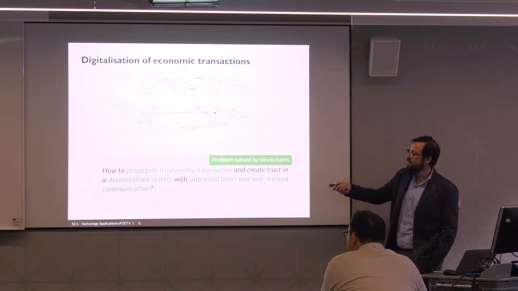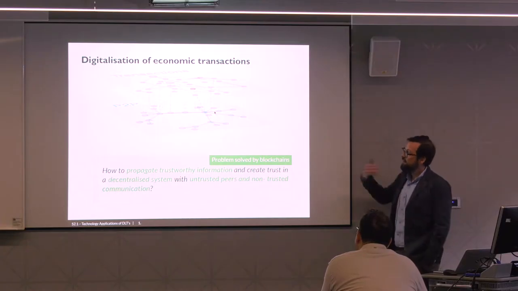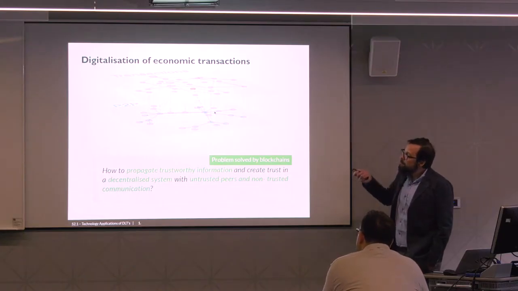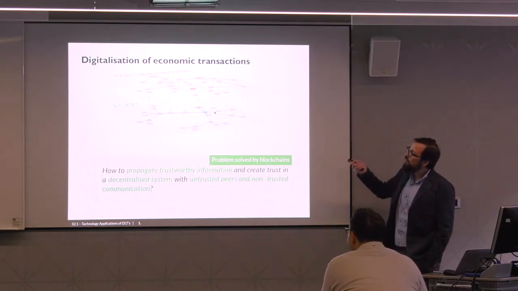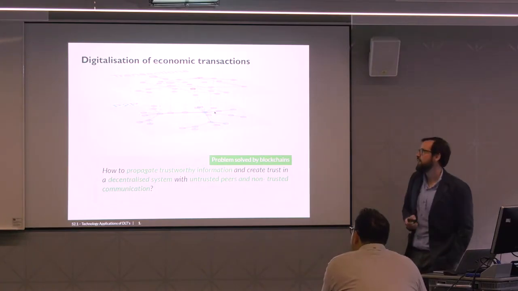One is the fact that the peers do not need to trust each other up front, and that the propagation of information among these actors persists even in the presence of non-trusted communication channels.